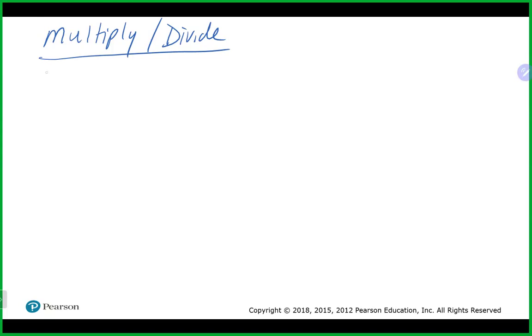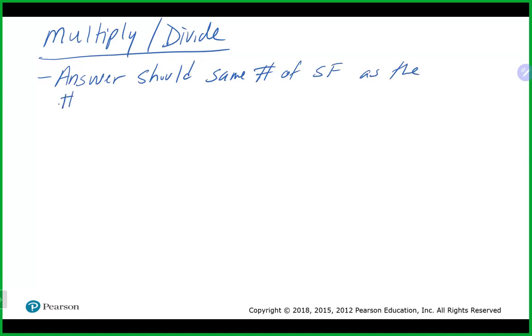So when you either multiply or divide, your answer should have the same number of significant figures as the number with the least number of significant figures.